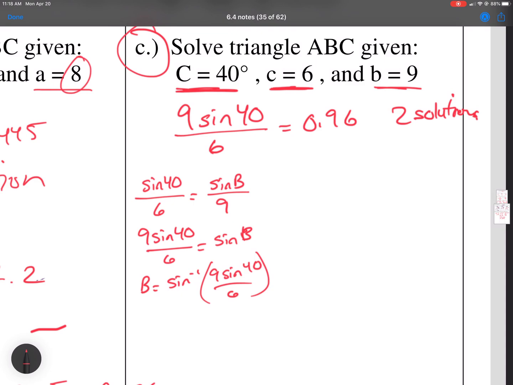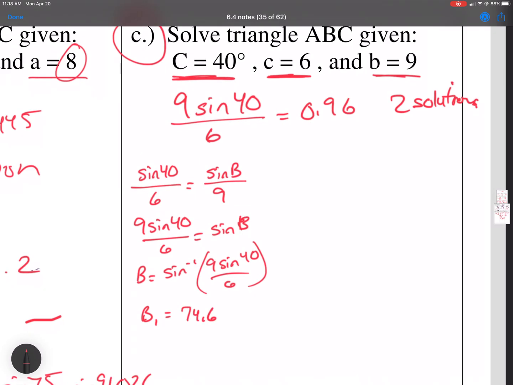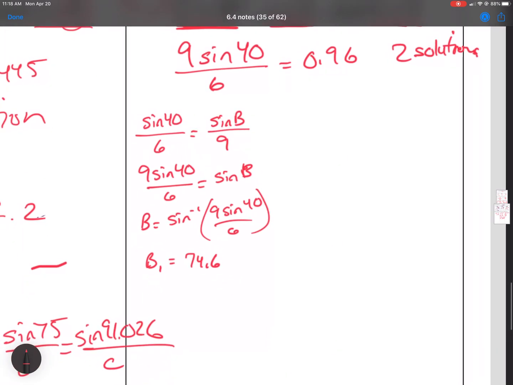Let's find out what that equals. And b, we're going to call this b1 because that's the first b. And that's going to give me 74.6. Now, we're going to go ahead and start the second triangle. So this is our first triangle measurement.